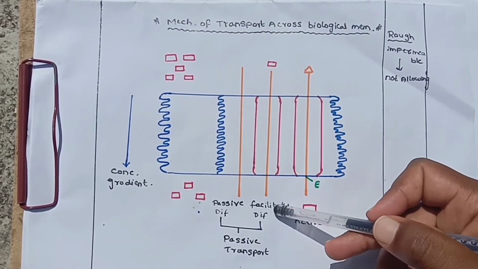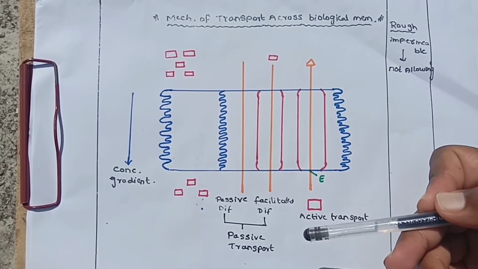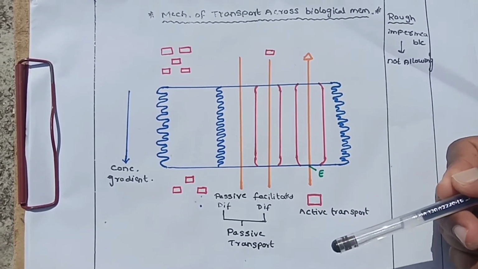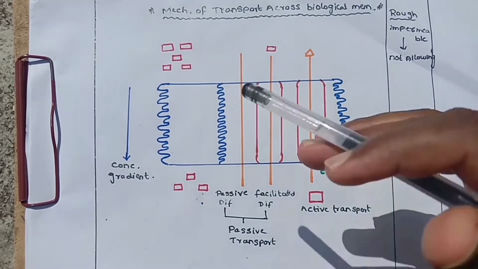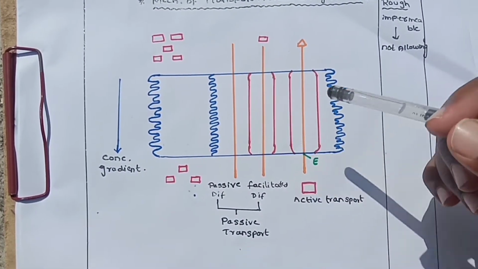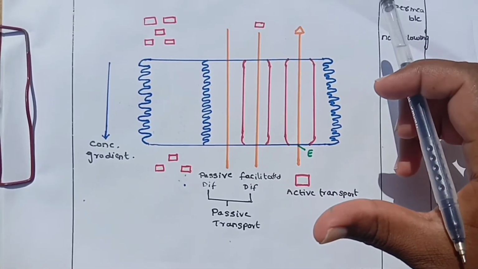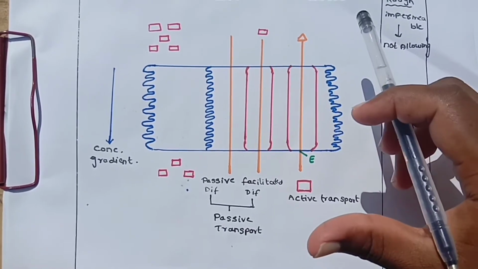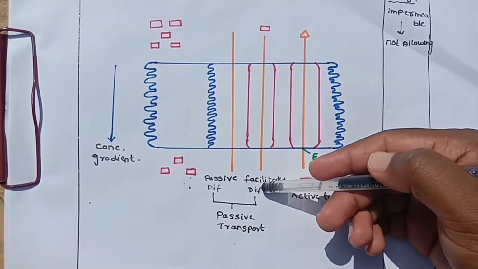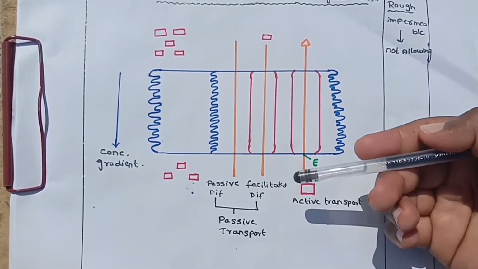Facilitated diffusion is comparable with diffusion. The solutes move along the concentration gradient from a higher concentration to a lower concentration, and there is no need of energy. But the most important distinguishing feature in facilitated diffusion is the mediation of carrier or transport proteins.